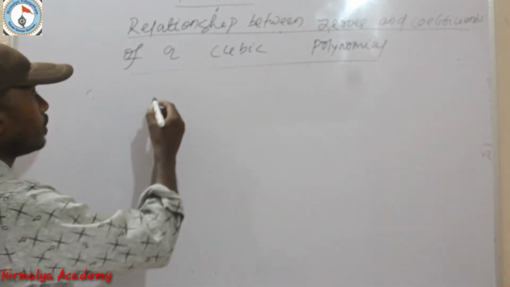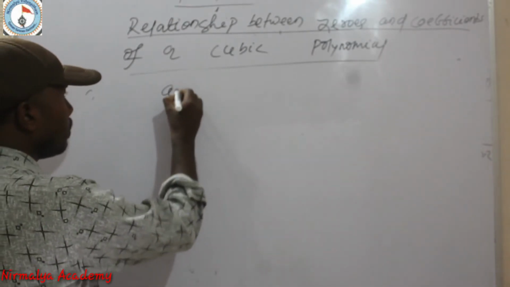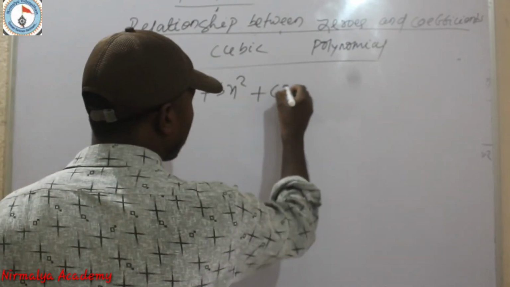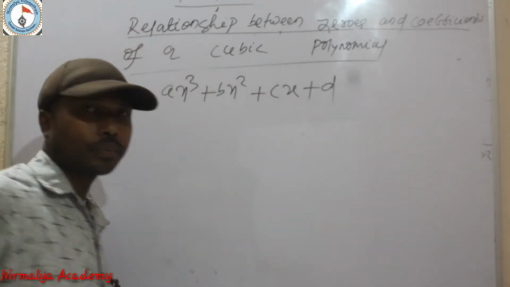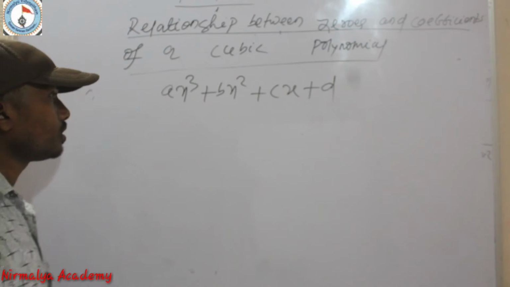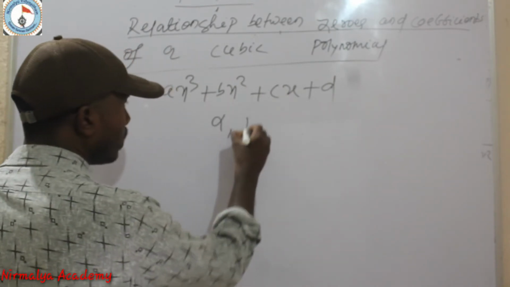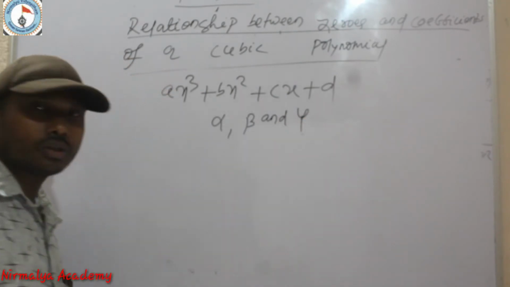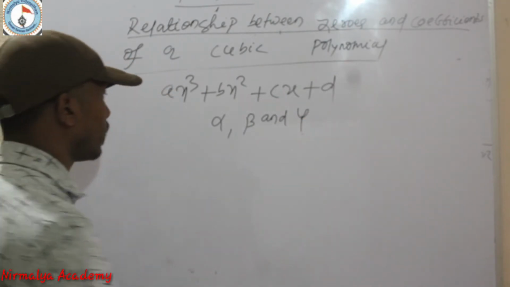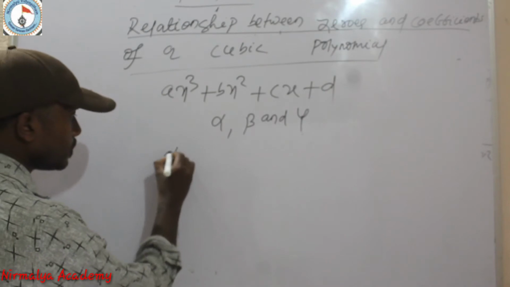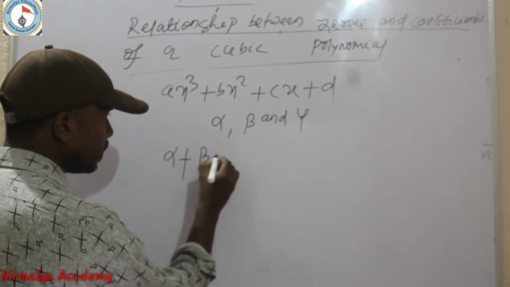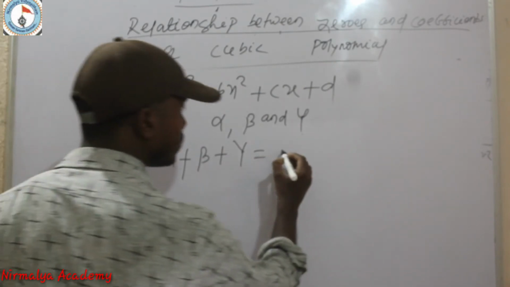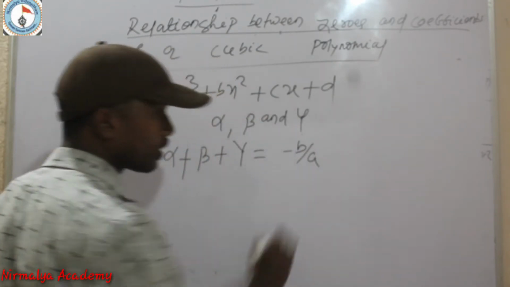As you know, the general form of a cubic polynomial is ax cube plus bx square plus cx plus d. Let its zeros be alpha, beta and gamma. Then the sum of zeros alpha plus beta plus gamma is always minus b by a.